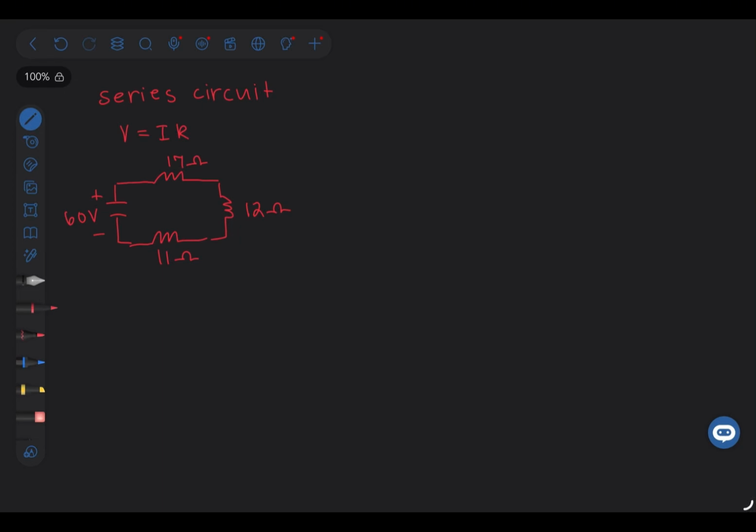Okay, so we want to find the resistance, voltage, and the current for each part. So in this occasion, we're going to have RT is equal to R1 plus R2 plus R3.